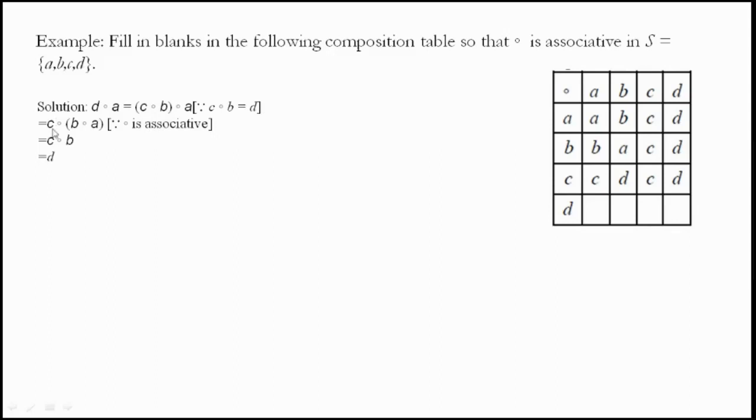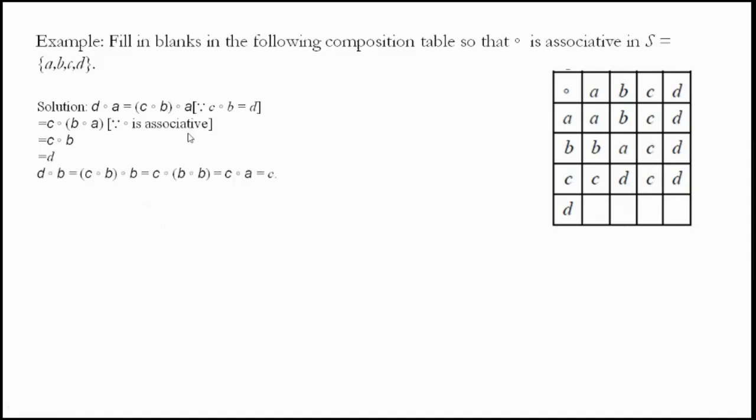Now, to prove it is associative, C binary operator, B binary operator A. B binary operator A means B, so this will result in B. C binary operator B again comes to D. So that means it is in the form of associative.